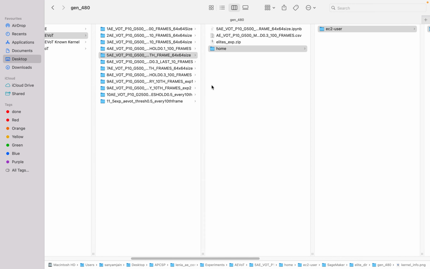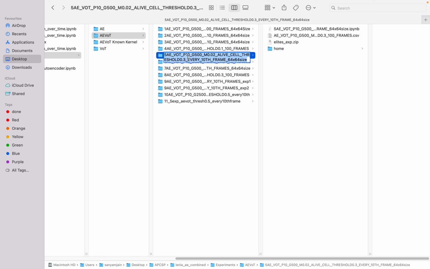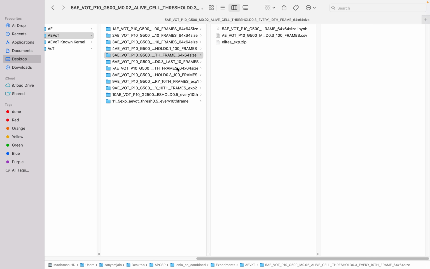Okay, so the configuration here was every 10th frame with alive cell threshold 0.3. Then we have a configuration of alive cell threshold 0.3 and last 10 frames.